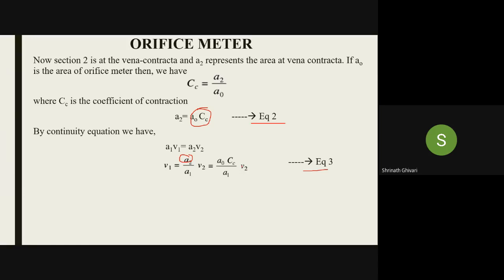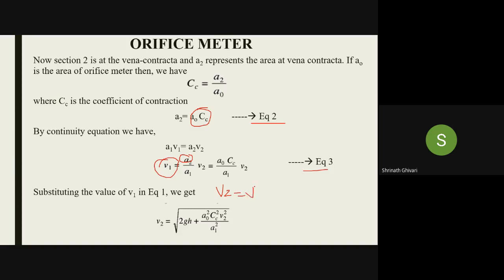Now, what we are doing is substituting the value of V1 in equation 1. Equation 1 is V2 equal to square root of 2GH plus V1 square. So substitute the value of V1 here.